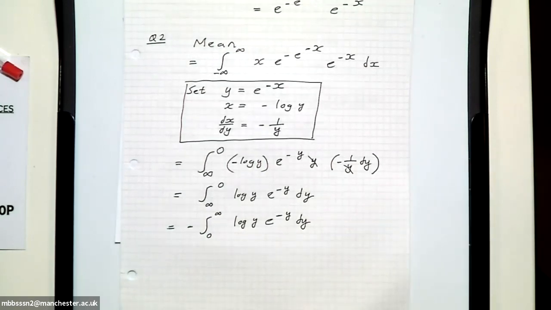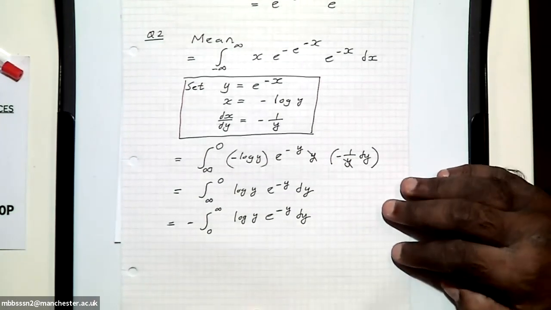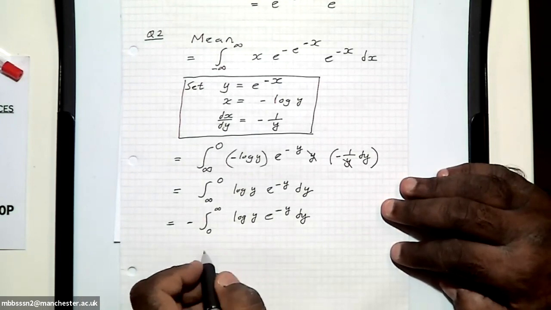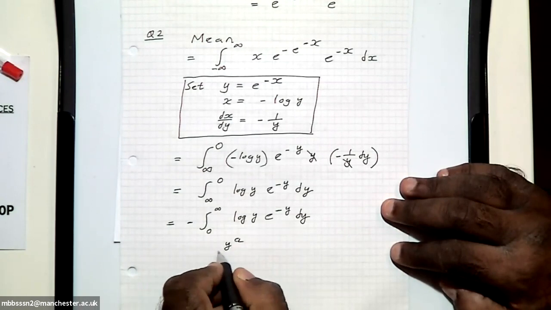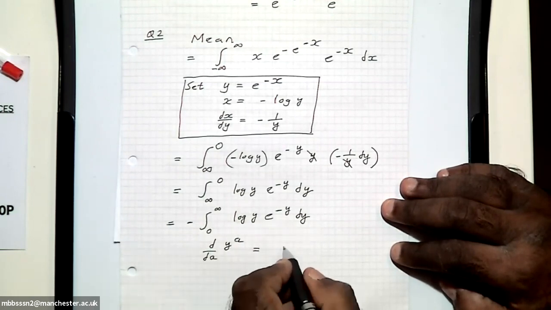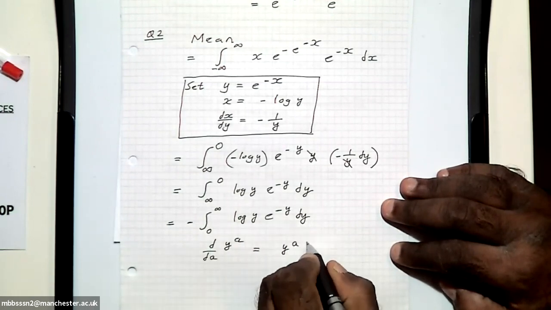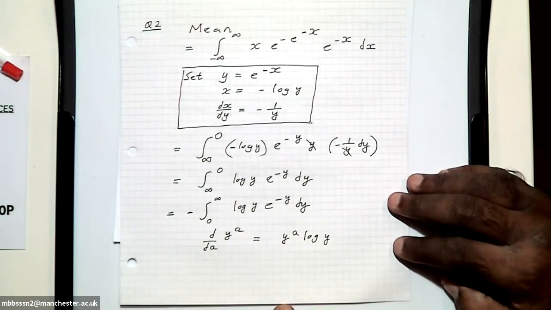You know that, right? When you change the limits, you need to multiply by minus. Now, one trick, I don't know whether you know, is that if you have, I think I talked about this last week, if you have something like y to the power a, and you're differentiating with respect to a, then this is y to the power a times log of y. I mentioned this last week, right?